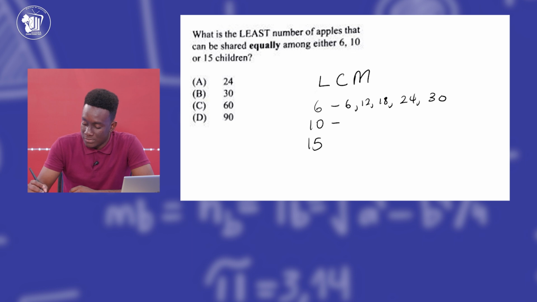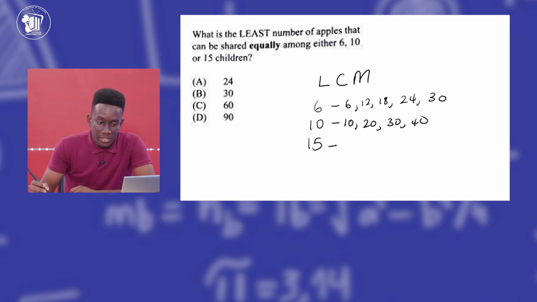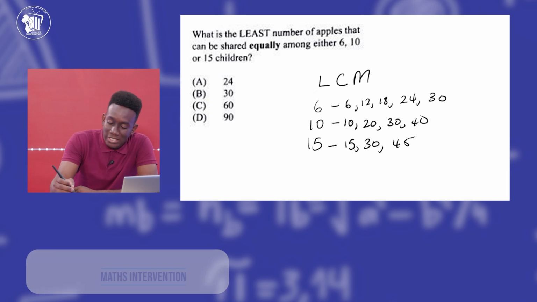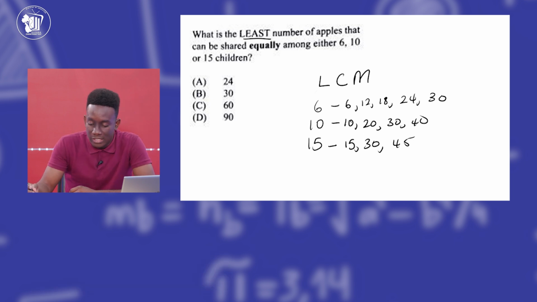Some multiples of 10: 10, 20, 30, 40. And some multiples of 15: 15, 30, 45. We want the lowest common multiple of 6, 10, and 15 because we want the least number of apples that can be shared equally among 6, 10, or 15 children.